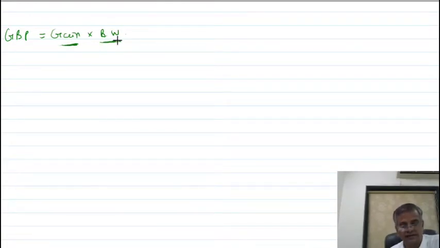For any amplifier circuit, the gain bandwidth product is always constant. So in this circuit, due to 100% feedback, gain is reduced. As the gain is reduced, bandwidth is increased. So here bandwidth is very large. For your understanding, I can draw the frequency response.